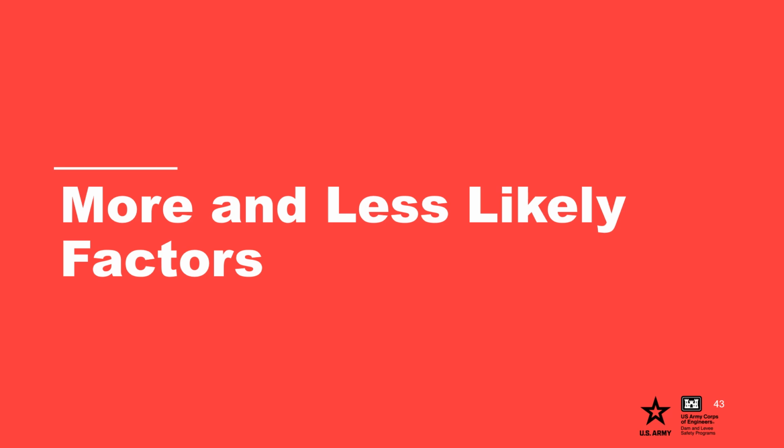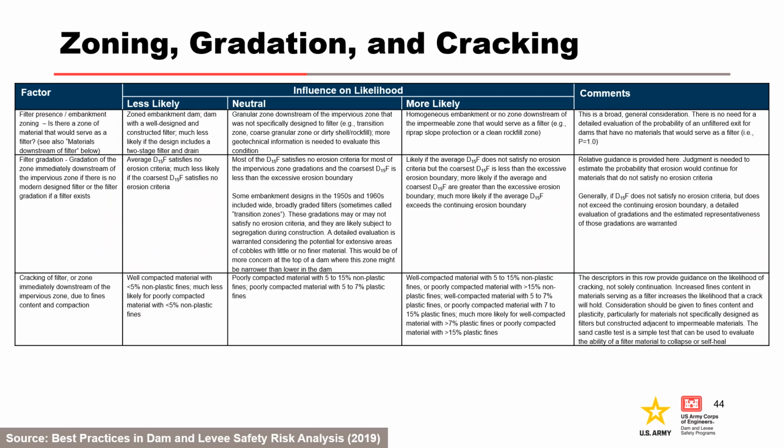The following table from the Best Practices Manual can be used to help assess the likelihood of continuation of internal erosion. It can be used as a starting point, but the risk team must develop project-specific more likely and less likely factors to guide subjective probability estimation. The factors in this portion of the table address embankment zoning, filter gradation, and cracking.